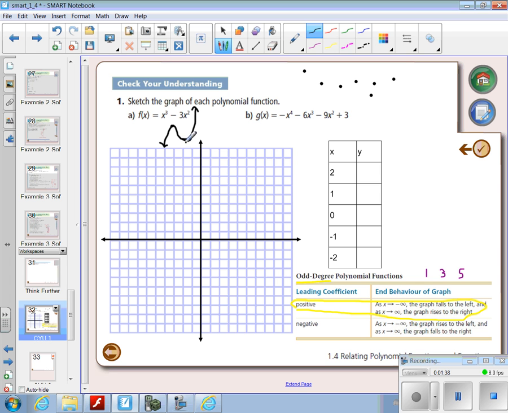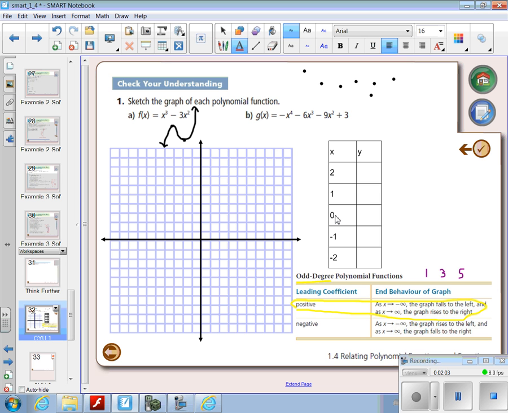I drew it like this because my chart says positive lead coefficient: as x is small to the left, the graph falls to the left, and as x gets bigger to the right, the graph rises to the right. So I have a sense of that general shape before I even start, and I'll use my table to help me get it really accurate.